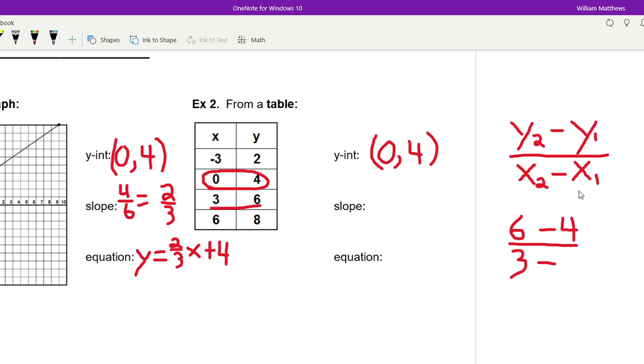And we're subtracting our x1, our x from our first point. Now in this case, we can clean it up. 6 minus 4 is 2. 3 minus 0 is still 3.